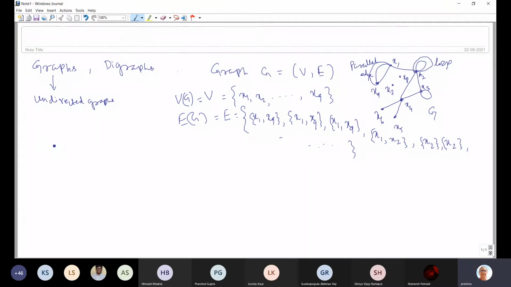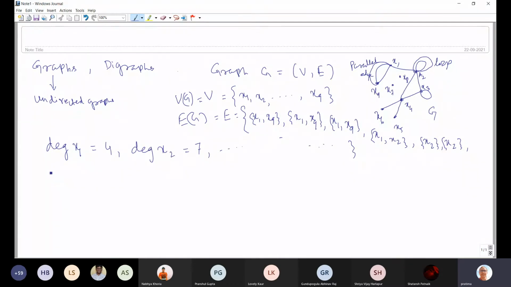Here the degree of vertex x1 is 4, you just look at it. And tell me, what is the degree of vertex x2? Seven. Yes, seven, because those self loops will be counted twice. This is how the degree of vertices goes.